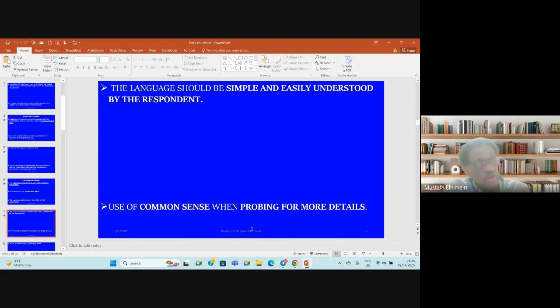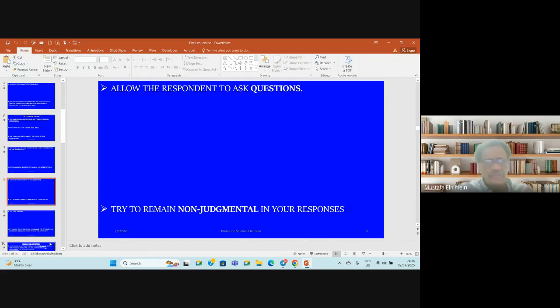The interviewer is expected to formulate questions based on the responses of the interviewee. It is also important to allow the respondent to ask questions, so that anything that is not clear can be explained, and this will help the respondent generate more information that might be useful for the research.